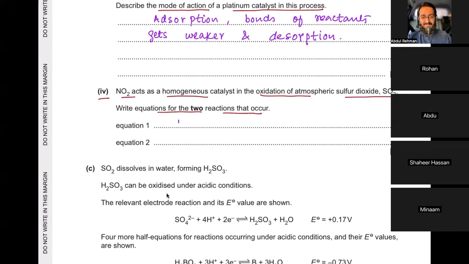If you recall, when NO2 reacts with SO2, it turns into NO by giving its oxygen to form sulfur trioxide. As soon as NO forms, it is highly reactive. It reacts with oxygen to form NO2 again. So you have to balance the equation. Do remember that you need to balance the equation, okay?